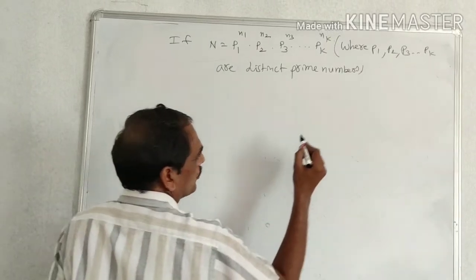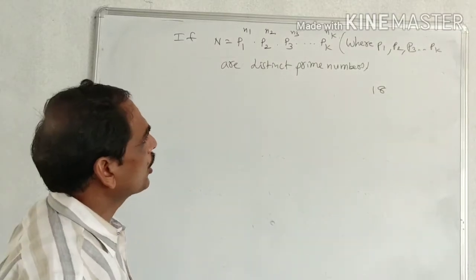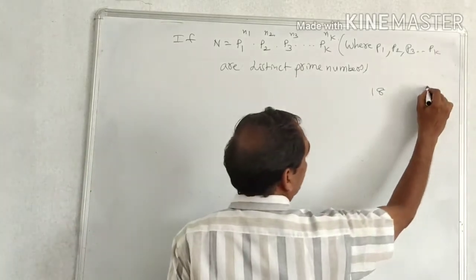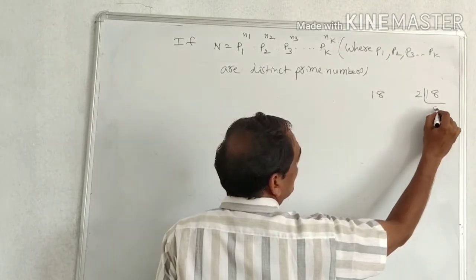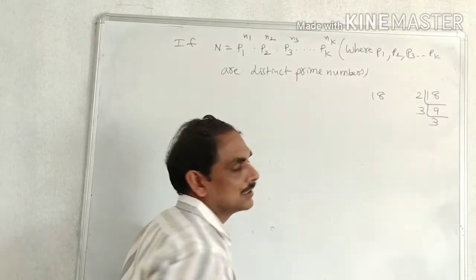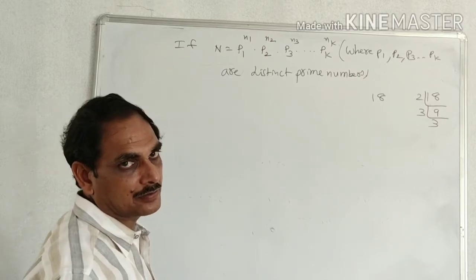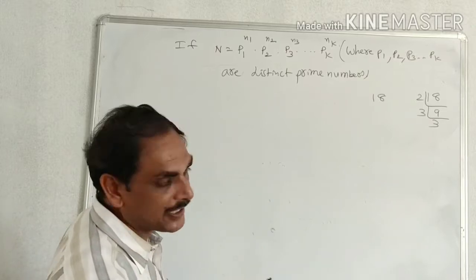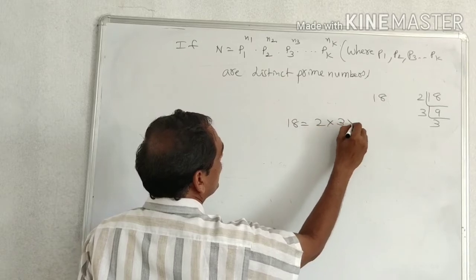For example, we write 18. We write 18 in this form. We divide 18 by 2, 2 nines are 18, and again 3 threes are 9. We have to divide the number only by prime numbers. 2 and 3 are prime numbers. So we divide 18 by 2 and 9 by 3. Now we write 18 as 2 into 3 into 3.